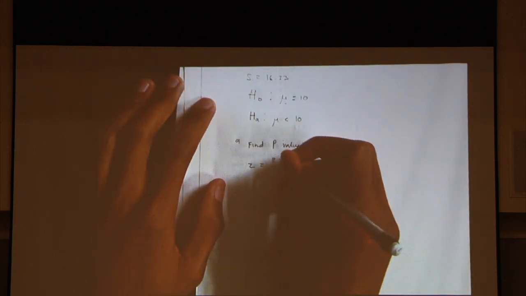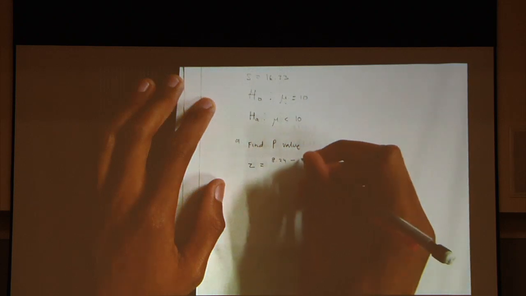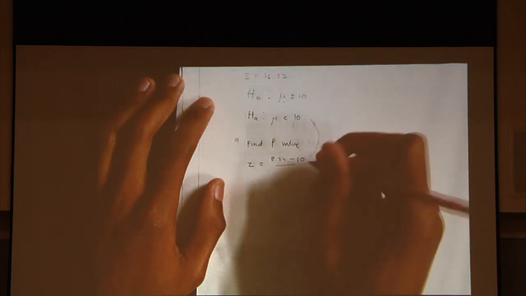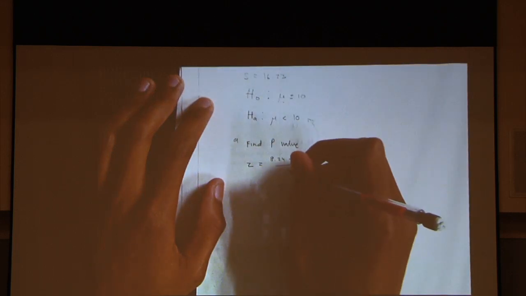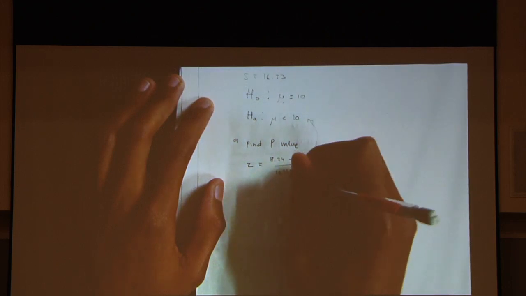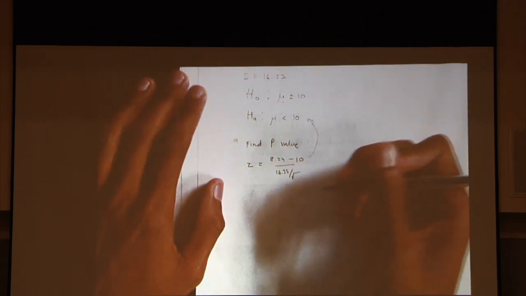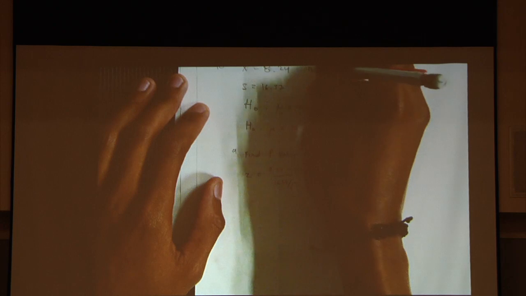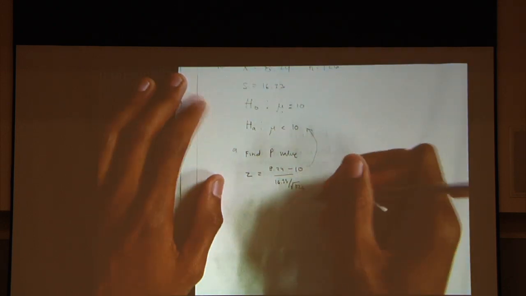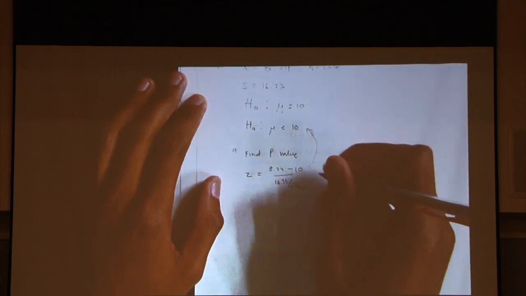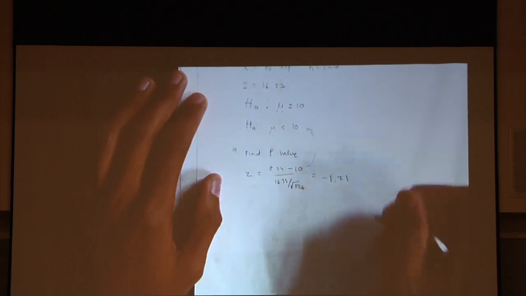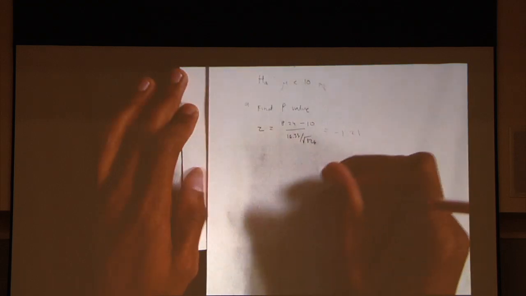So 8.24 minus the 10 that they're claiming, divided by 16.33 over the square root of n. N is 126, or the square root of 126. Yeah. That ends up being about negative 1.21. And that's the z-value that you're looking at.